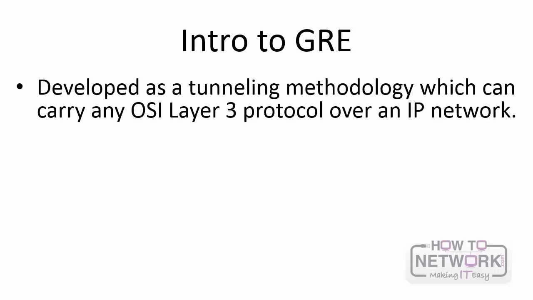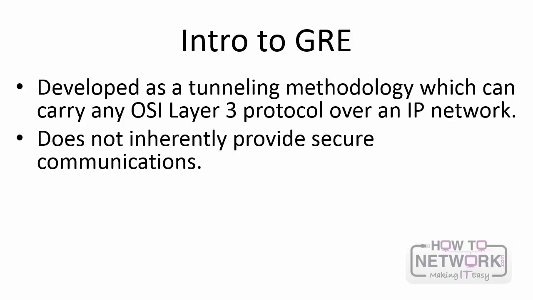GRE was developed as a tunneling methodology which can carry Layer 3 protocols over an IP network. In essence, GRE creates a private point-to-point connection like a VPN, except GRE does not provide secure communications, but we'll deal with that a little bit later.